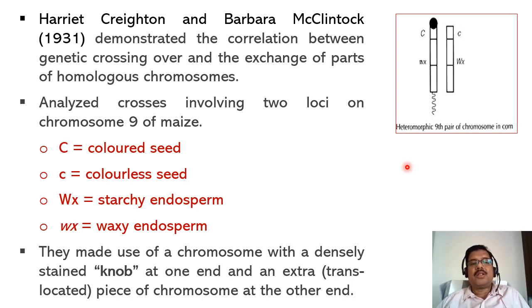They analyzed crosses involving two loci on chromosome number 9 of maize. The genes represented are capital C for colored seed, small c for colorless seed, capital Wx for starchy endosperm, and small wx for waxy endosperm. They made use of a chromosome with a densely stained knob at one end and an extra translocated piece of chromosome at the other.